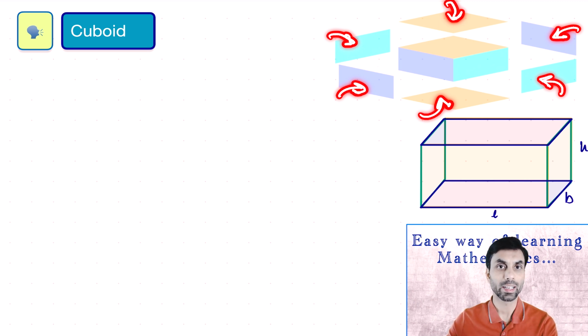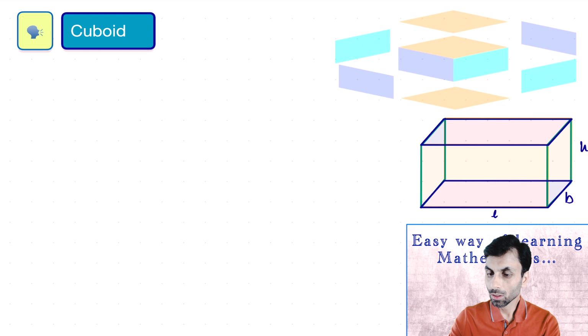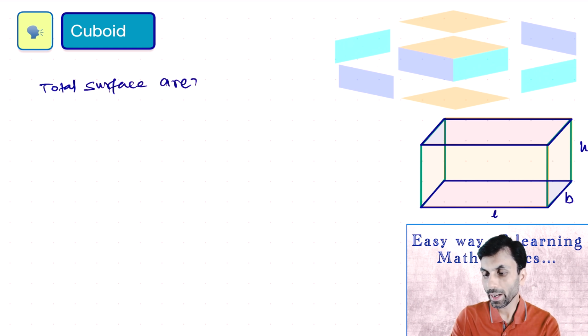As we know, the area of a rectangle is L into B, and the perimeter of a rectangle is 2 into L plus B. Now when you talk about the total surface area, if I take this one as L, B and H, then the area of this face will be L into H, which will be the same here, L into H. This face area will be B into H, same as here.